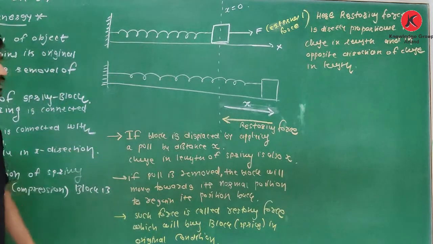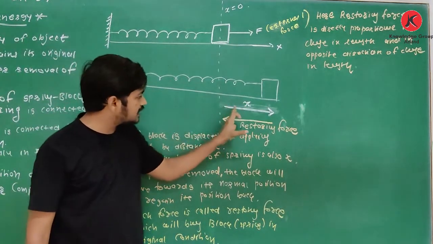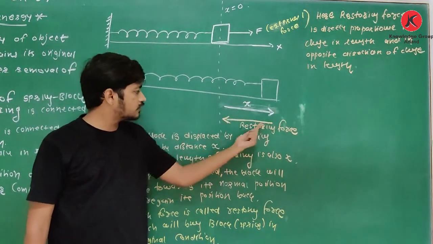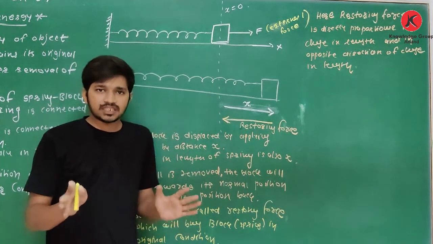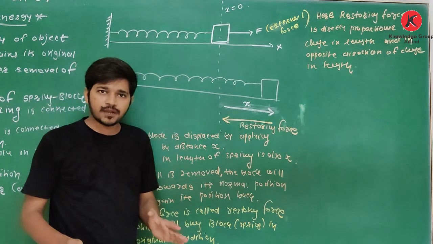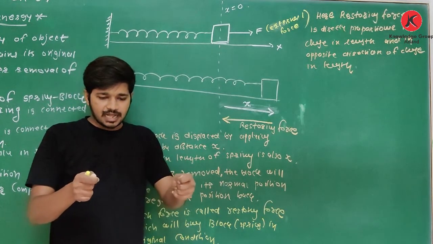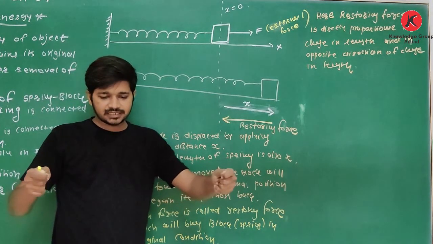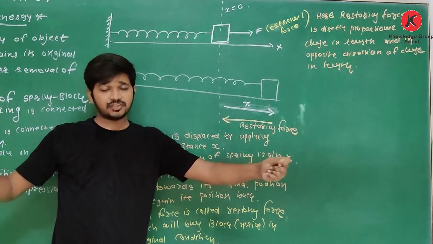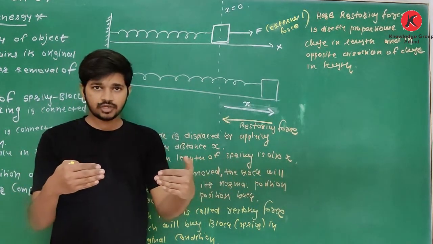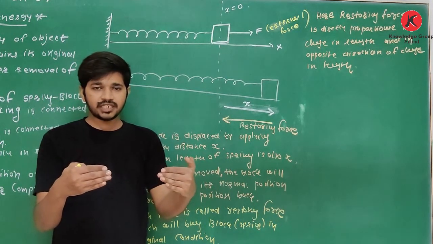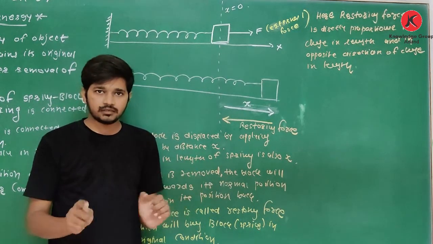From here it is clear. This change in length is in this direction, so restoring force is in the opposite direction. What is restoring force? If I am stretching the spring like this, see, displacement is in this direction, so restoring force will act in this direction. And due to restoring force, it will regain its original shape and size back. Clear about this?